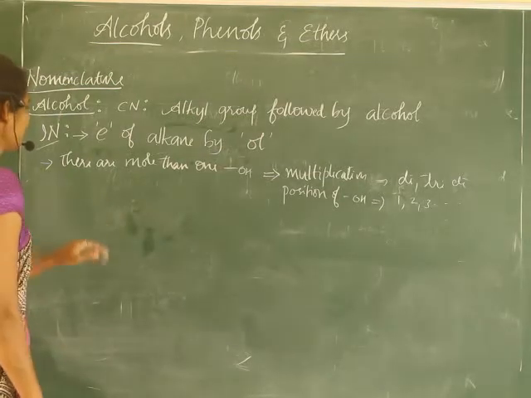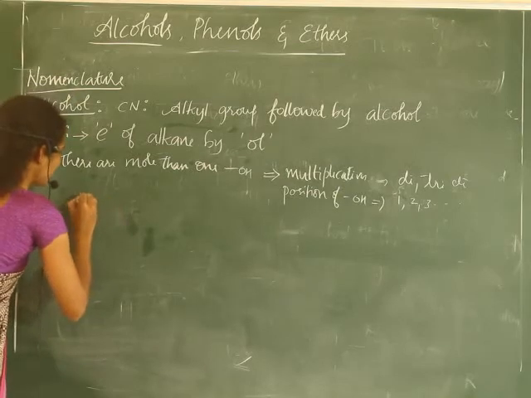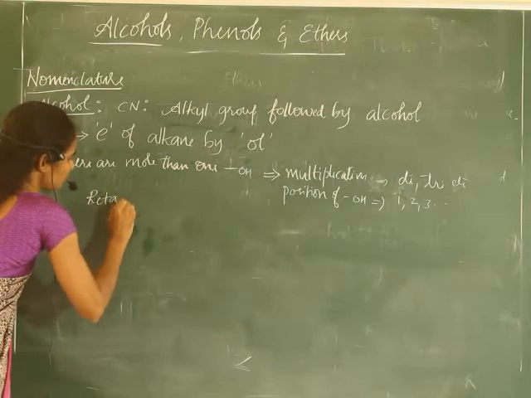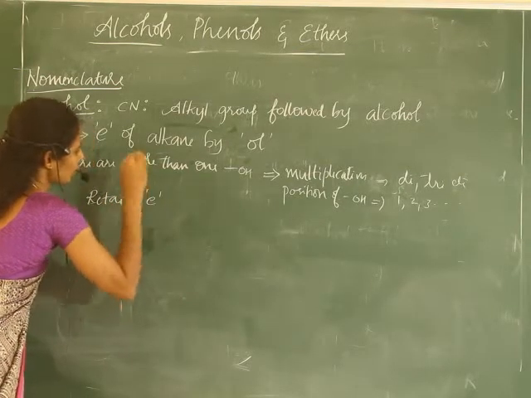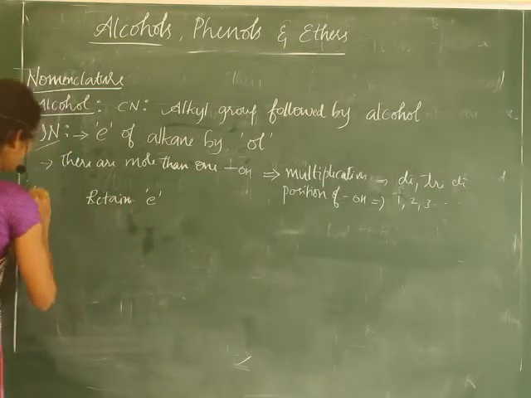And one more thing, if there is more than one OH group, then we will retain the E of alkane, and at the end we will add ol, right? Here we retain the E in a polyhydric alcohol.